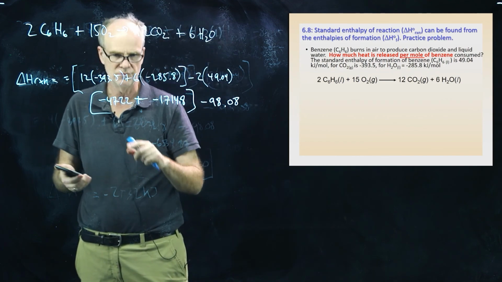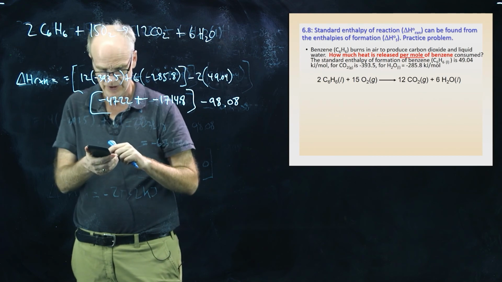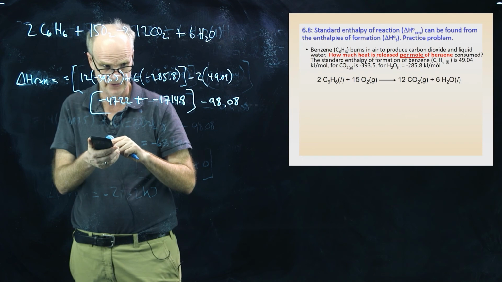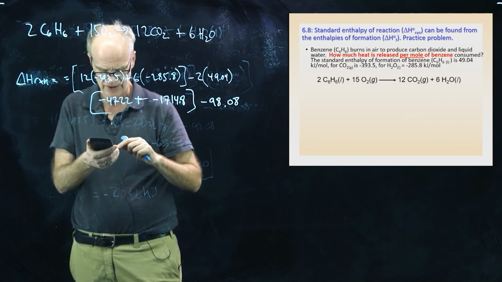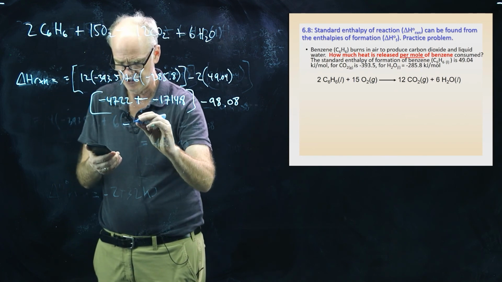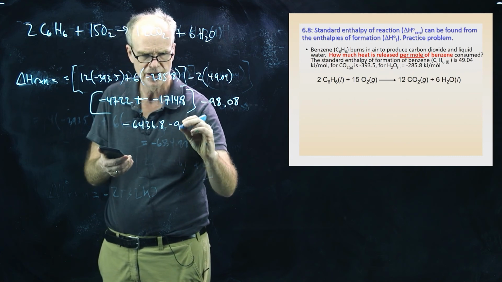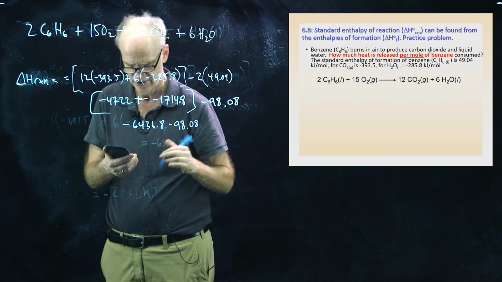Okay, let me go ahead and add these two numbers up here. 4722 plus 1714.8 is negative 6436.8, minus 98.08.